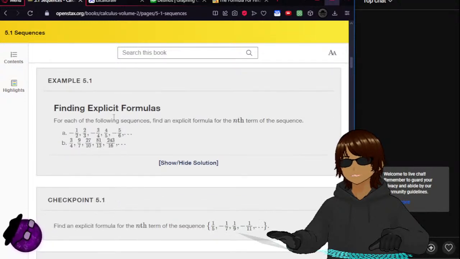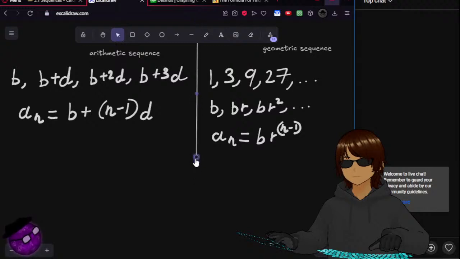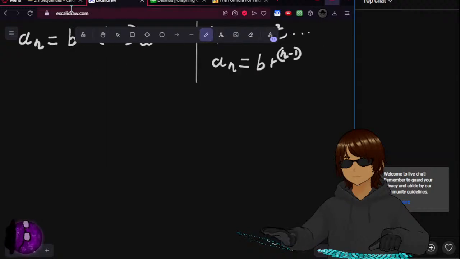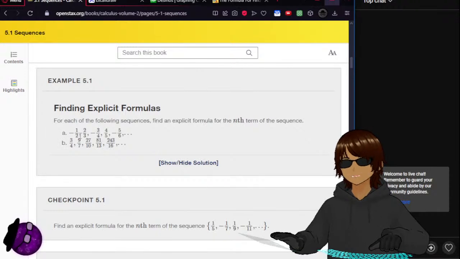Finding explicit formulas. Find an explicit formula for the nth term of the sequence. Minus half.